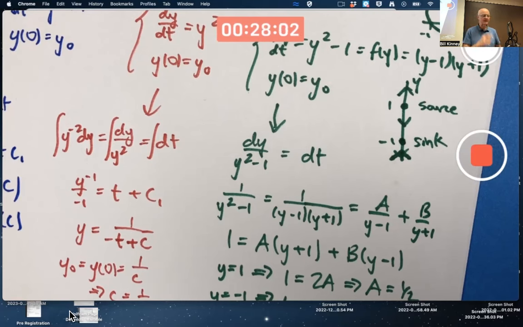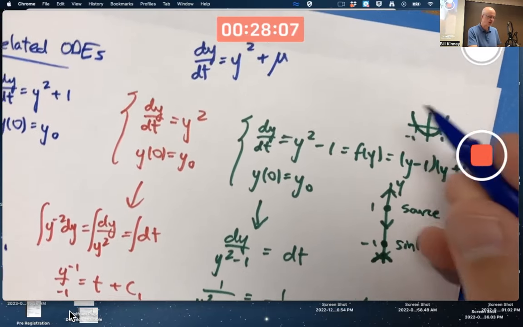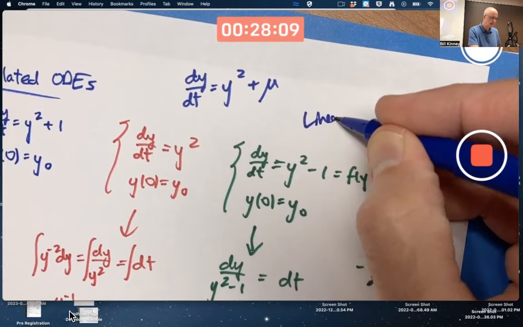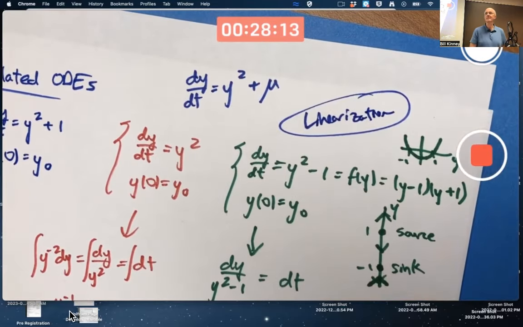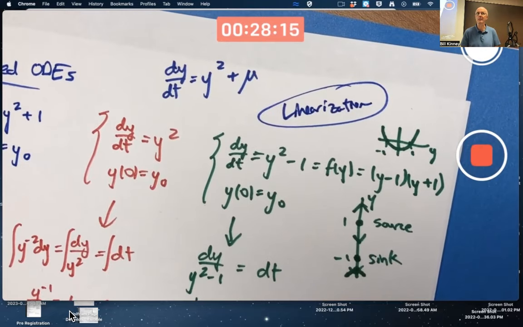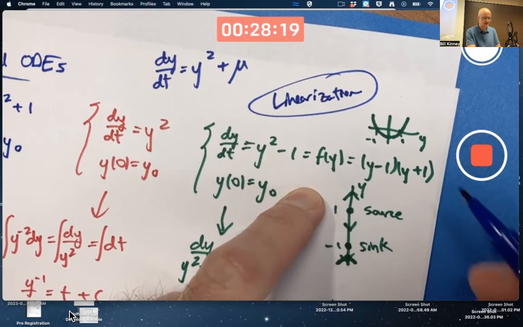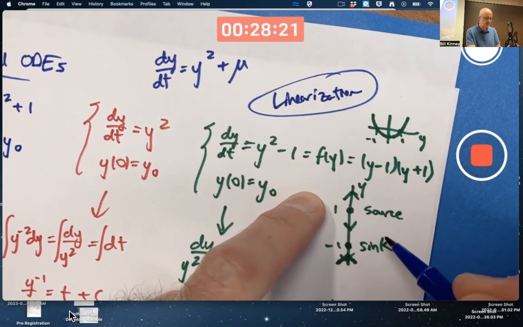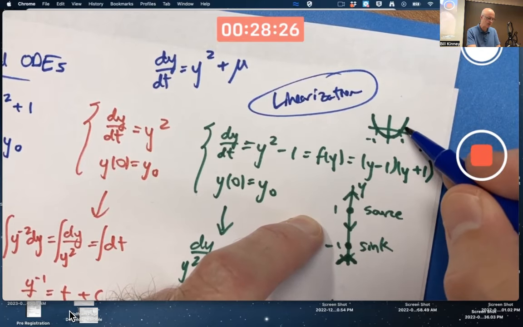Another thing to watch out for in the differential equations portions of the lectures is something called linearization, the linearization theorem. For example, in this case, it helps you predict you got a source here and a sink here based on the derivative of this function at the equilibrium points.